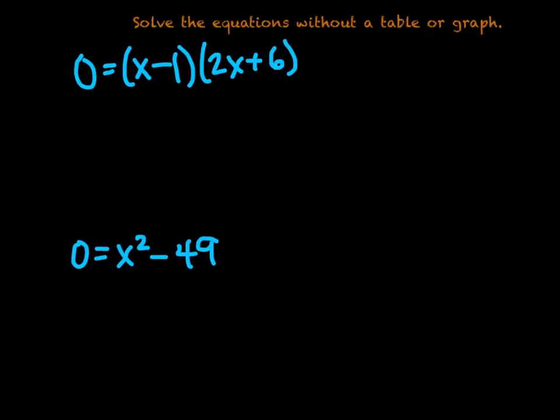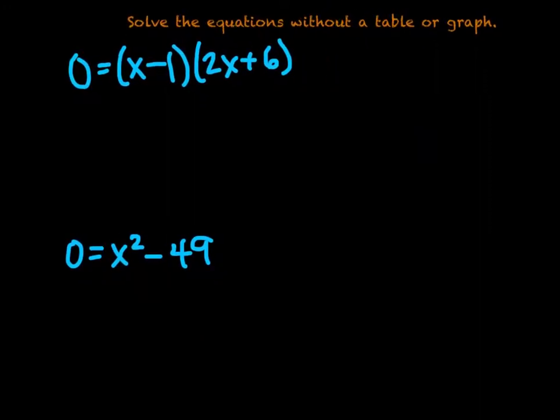So we need to now be able to solve a couple of equations without a table or graph. We have one equation, 0 is equal to x minus 1 times 2x plus 6. Knowing that if you multiply one set of parentheses by another set of parentheses and they equal 0, one of those two things needs to equal 0.